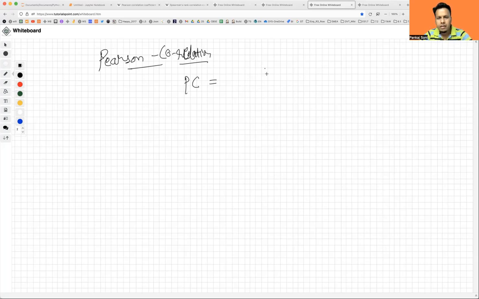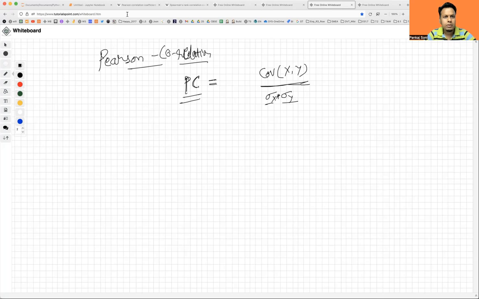So we have the covariance of x and y, divided by the standard deviation of x and the standard deviation of y. This is nothing but multiplication. Okay, that's how you calculate the Pearson correlation. So if you have any random data of x and y, you calculate the covariance between x and y, which we have already seen how to calculate, and divide that value by sigma x and sigma y.